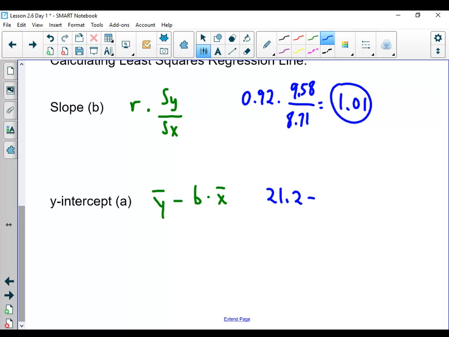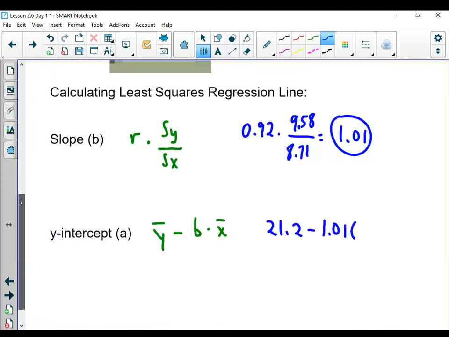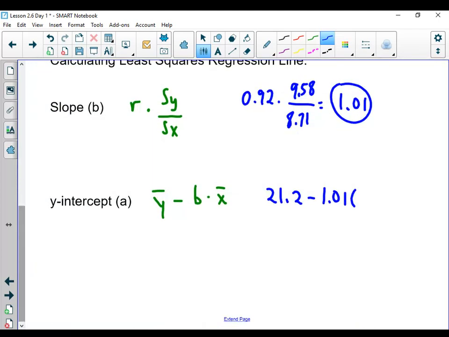Minus, we decided slope was 1.01. And x bar was 14.5. And so now we type that in. That gives .555, so we'll round it off to 6.56.